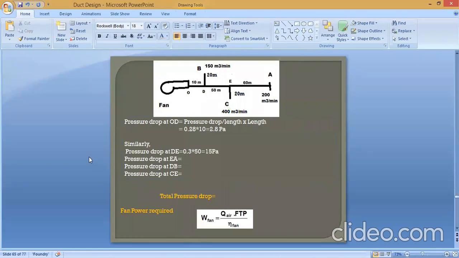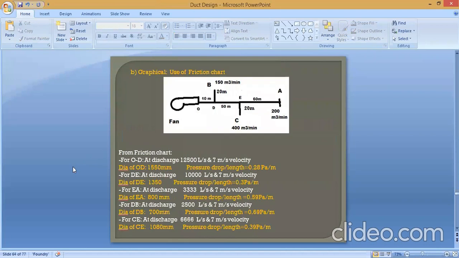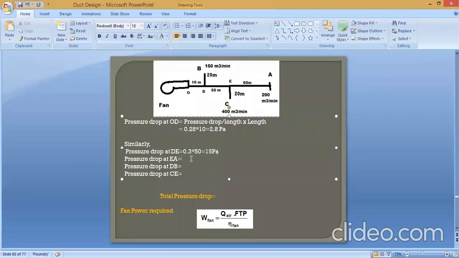Next is E to A. E to A is 0.59 into length. E to A length is 60 meter. So 60 into 0.59 is 35.4 Pascal.